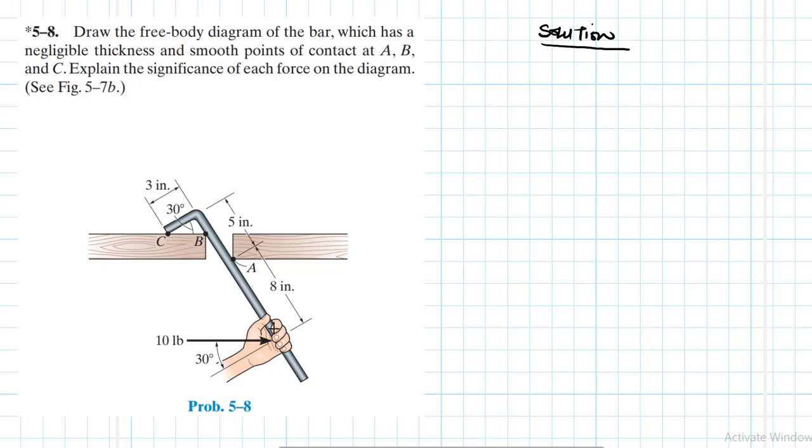So we have two components from this: one component in this direction, and another component in this direction. We have two components. So let's draw our axis.